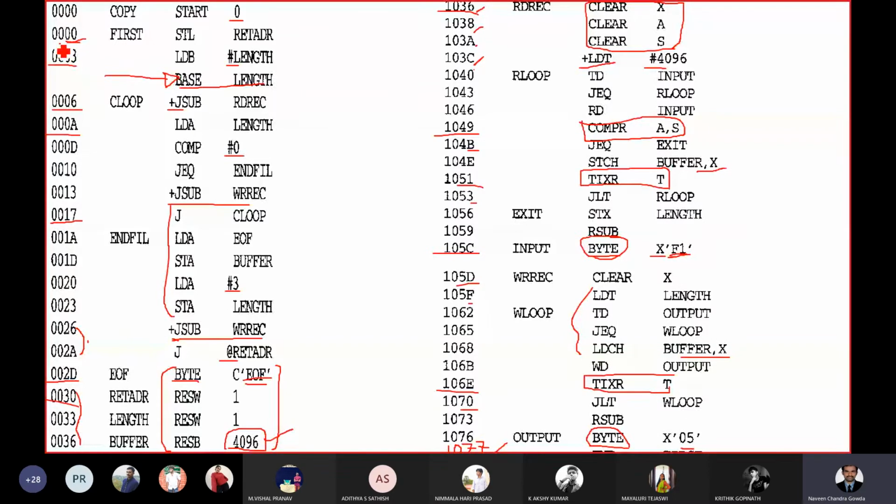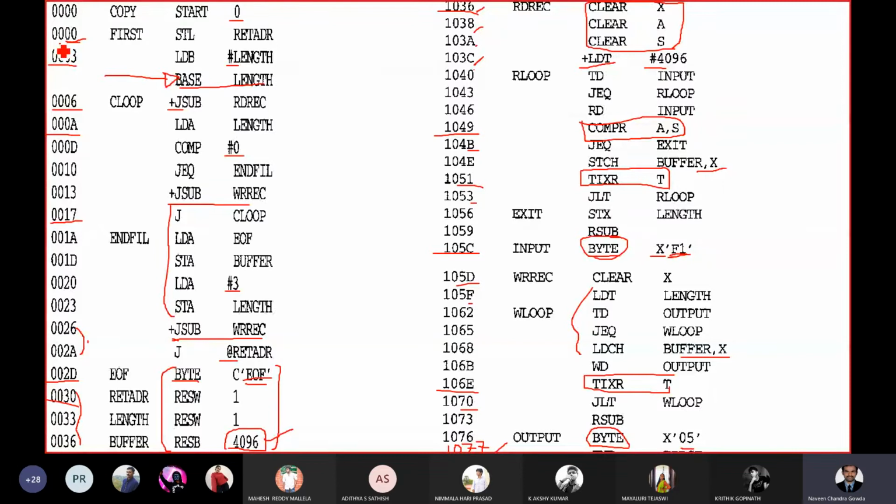I hope you understood pass one of your assembler, which is address assignment. If you've understood this, then I can take you to pass two, which is the object code generation. Students, any doubts still here? No, sir.